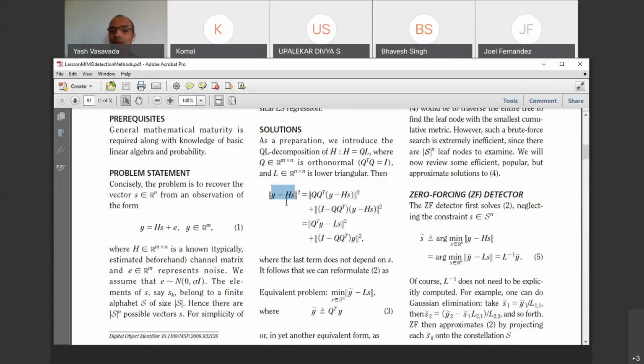Now, the hint I will give you is that if I want to measure the squared length of a vector, I can either measure it directly by taking the squared norm, or I can project that error vector, y minus hs, onto two perpendicular axes. And then I apply Pythagoras theorem.